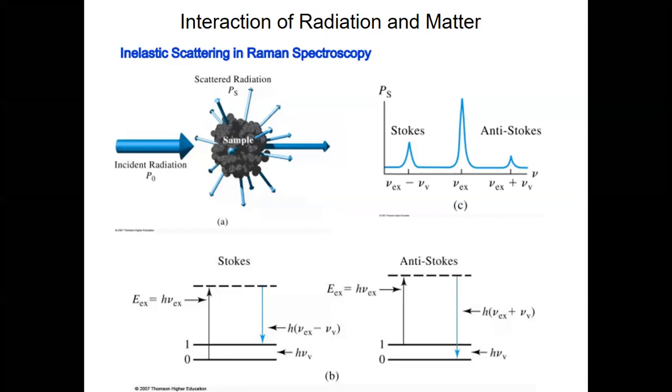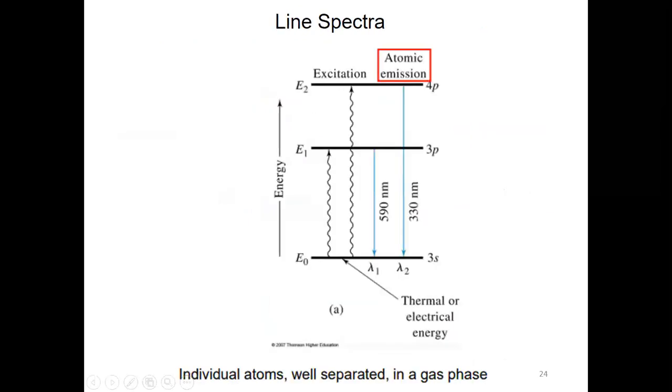I'm sure you will not learn much in detail, but you will be able to learn all these things. When you learn them, remember it has this type of scattering process. When the radiation interacts with the matter in an inelastic nature, these signals arise, right? That is in Raman.